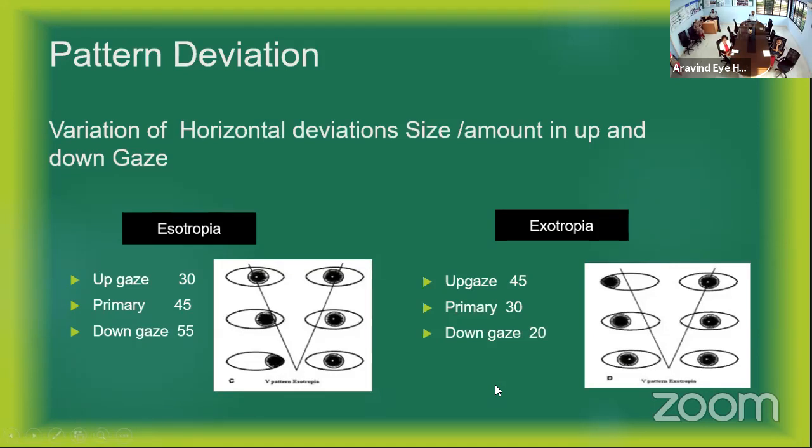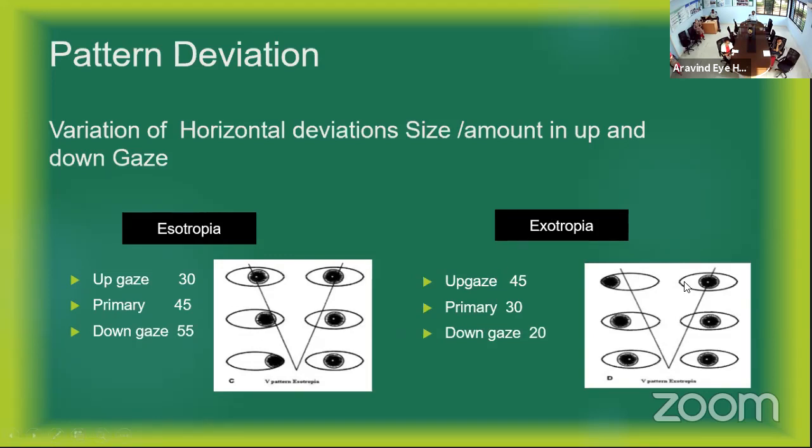Why should we bother about them? As you see here, even if you correct the primary squint, when the child looks down and starts reading, the esotropia will become more and the child will have suppression. To prevent it. Here also you see that when the child looks up, the exotropia becomes more. So it leads to a cosmetic problem.